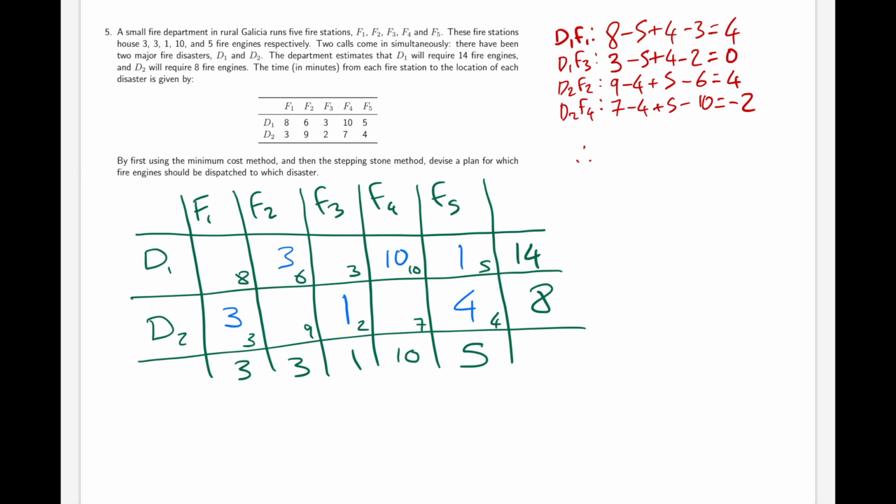Therefore, we will increase D2, F4 by, and how much can we increase this by? So if we were to increase, decrease, increase, decrease, our bottleneck is that we cannot decrease D2, F5 by more than 4. So we will increase D2, F4 by 4.